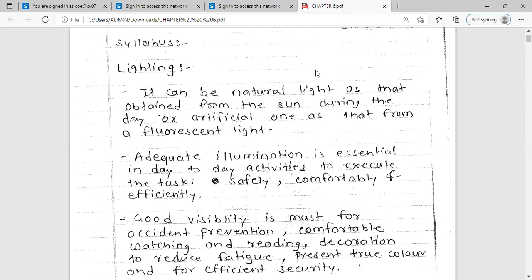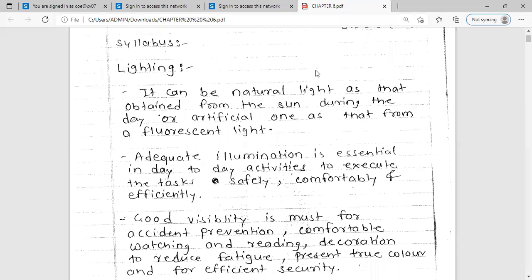Whatever opening we are going to provide, we should check whether we are getting the proper amount of illumination of light, as per the requirement and different considerations. That is, what kind of building it is, its importance, what kind of functions we are going to perform in that particular unit, and its size.